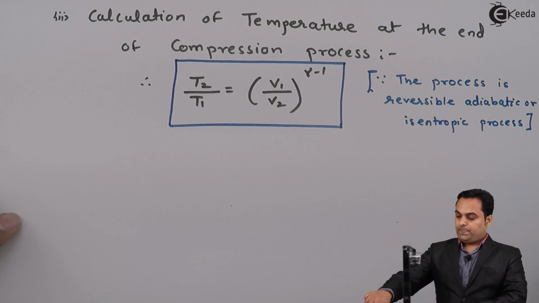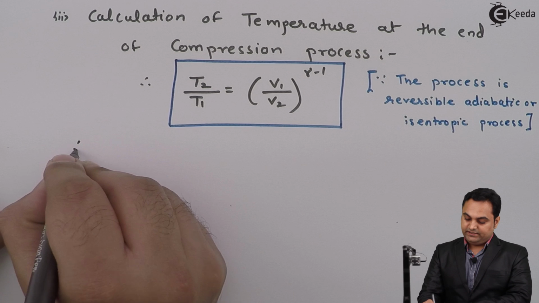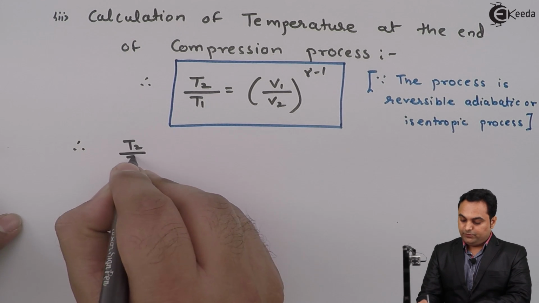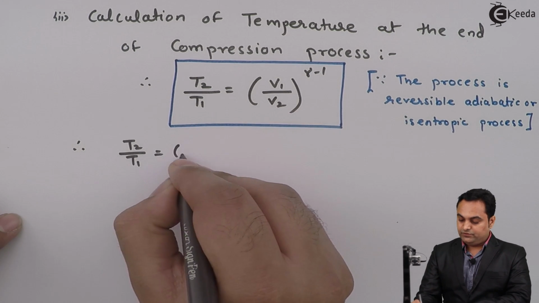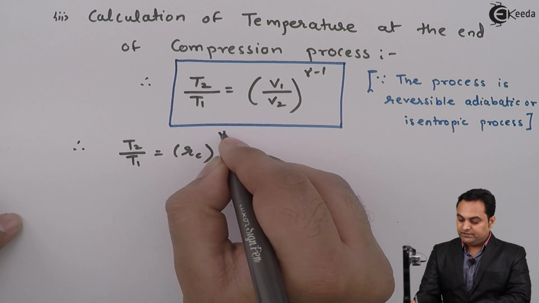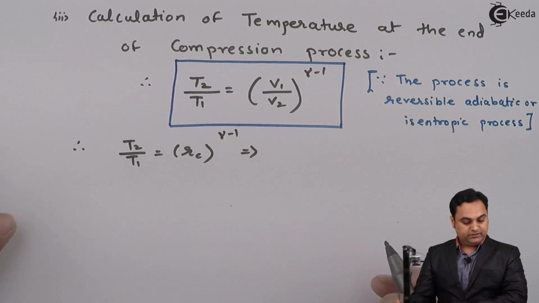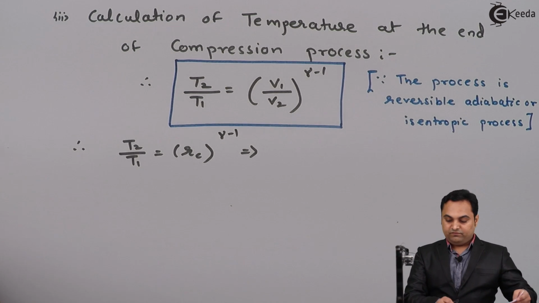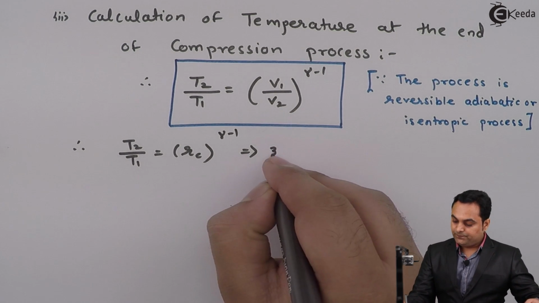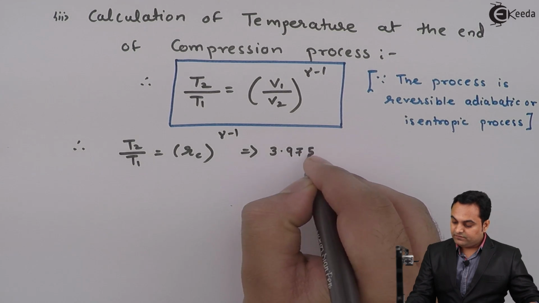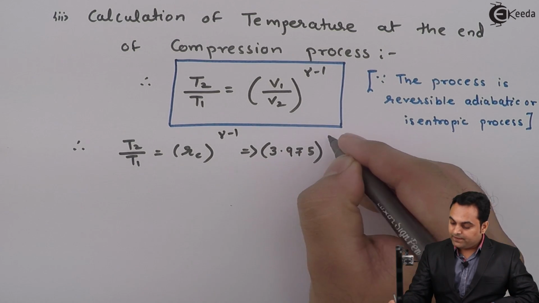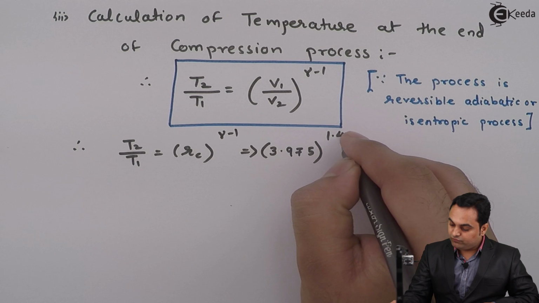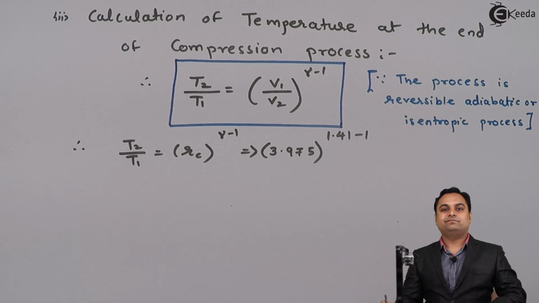After writing this relation, T2 by T1 is equal to V1 by V2, which is called RC, the compression ratio, and that compression ratio value we found out was 3.975, that was our first answer, raised to gamma, which was 1.41, minus 1.